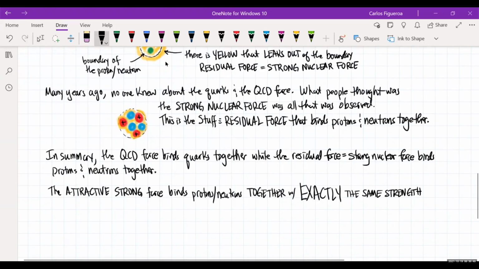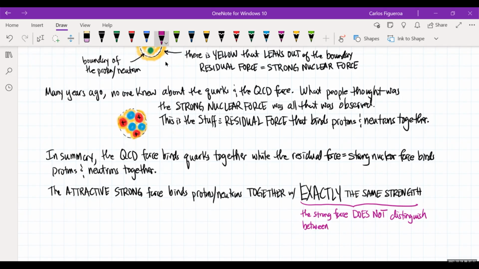Because they have exactly the same strength, what this really tells us is that the strong force does not distinguish between a proton or a neutron.